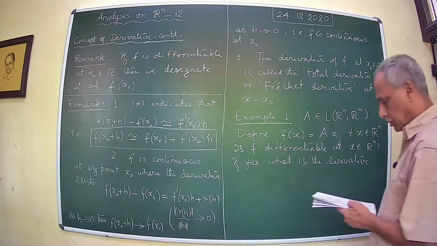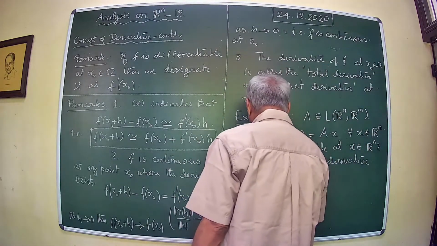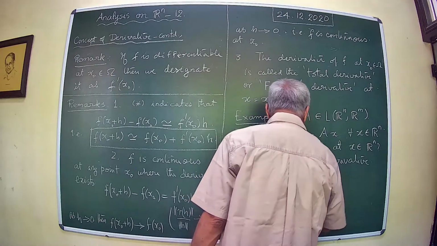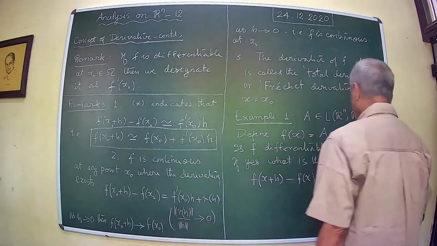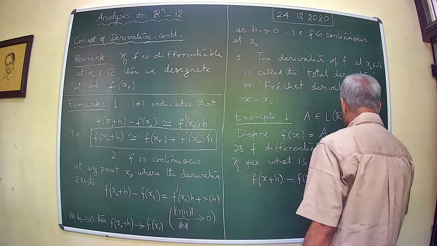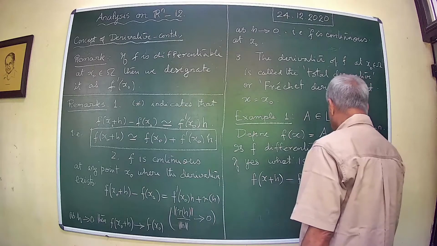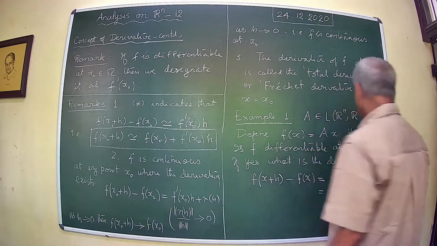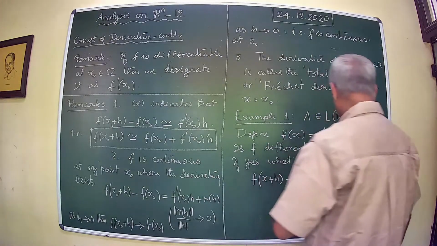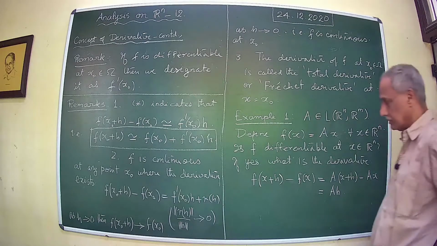So we make the following observation. What about f of x plus h minus f of x? This is equal to A of x plus h minus Ax, and we have used the linearity because A of x plus h can be written as Ax plus Ah, and then you get Ah.